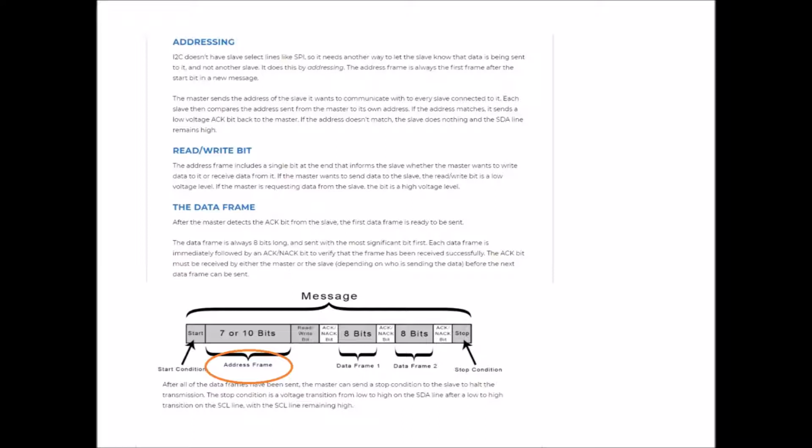The master sends the address of the slave it wants to communicate with to every slave connected to it. Each slave then compares the address sent from the master to its own address. If the address matches, it sends a low voltage ACK bit back to the master. If the address doesn't match, the slave does nothing and the SDA line remains high.